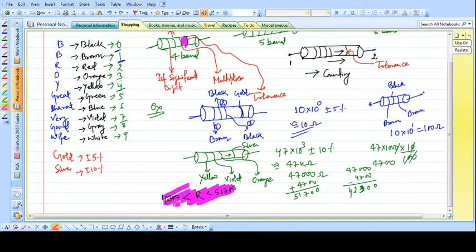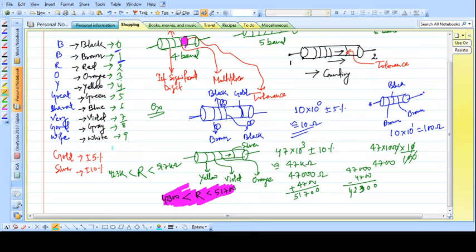This means the 47k resistance lies in between 42.3k to 51.7 kilo ohm. This is what the tolerance means.